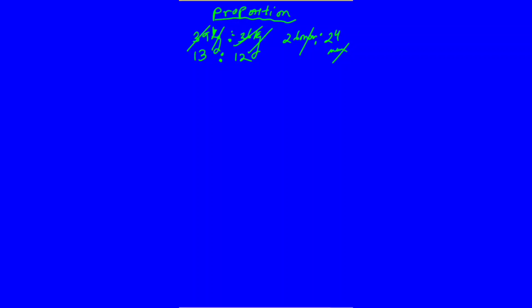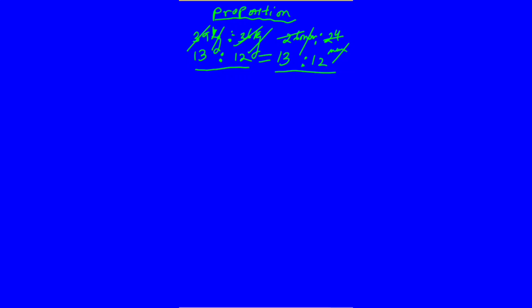If I cancel 26 by 2, I get 13. And 24, I cancel by 2, I get 12. So I get both of them same. Here I get 13 is to 12, here also I get 13 is to 12. So we can tell the ratios are equal or they are in proportion.